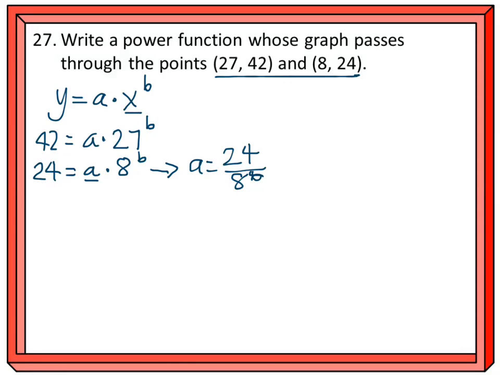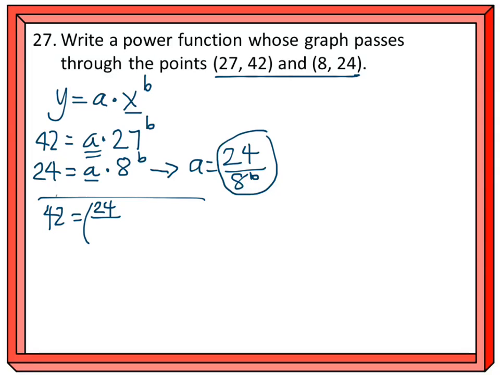And I'm going to take that quantity for a and stick it into a in the first original equation. So I have 42 is equal to 24 divided by 8 to the b, all of this times 27 to the b.